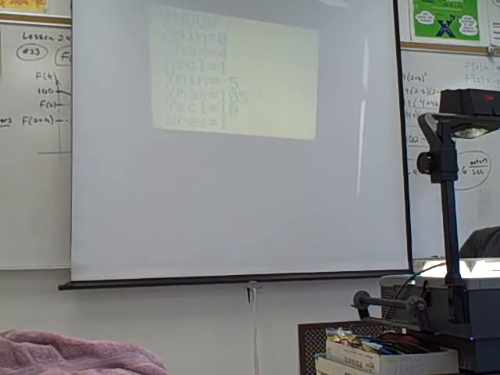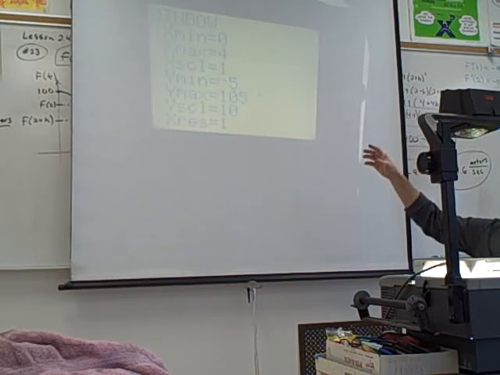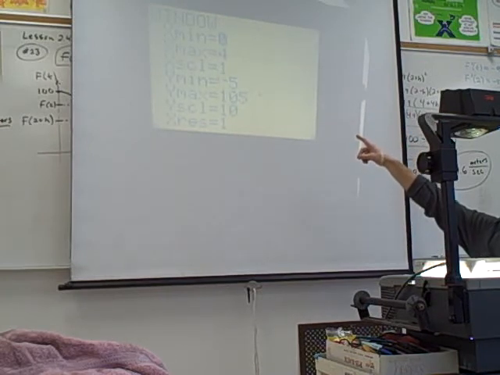X min of 0, X max of 4. So I'm going to graph it for the first 4 seconds that it's falling through the air. Remember, this thing is dropping from 100 meters. That's the length of a football field, but up in the air. That's over 300 feet tall, so it's dropping a long ways. So I'm going to graph the fall of its height over a time period of 4 seconds. Got my y min at -5, my y max at 105.